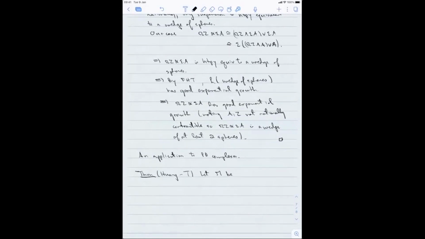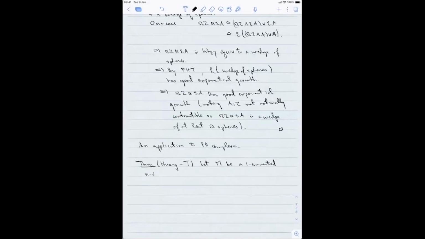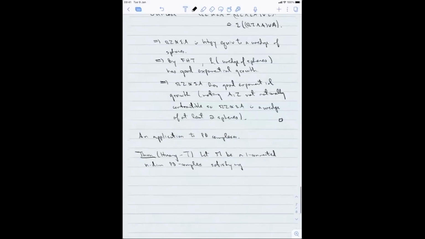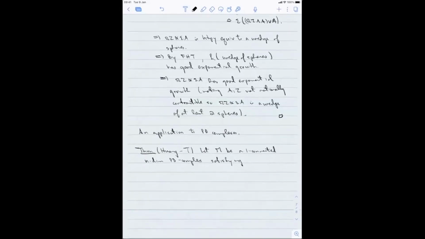Suppose M is a simply connected n-dimensional Poincaré duality complex which looks like this case that we've been looking at repeatedly.